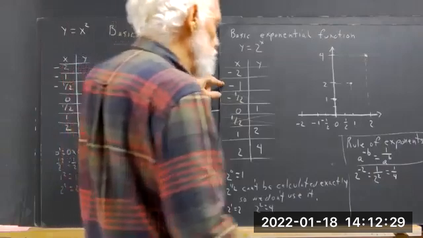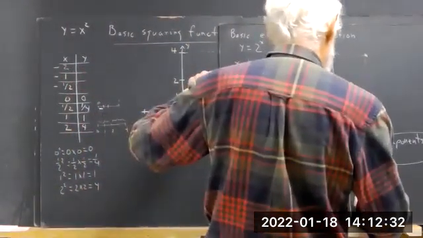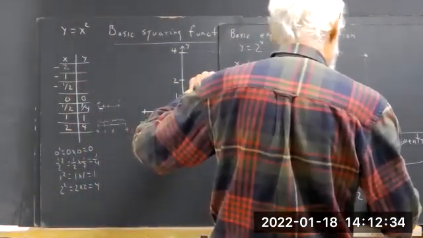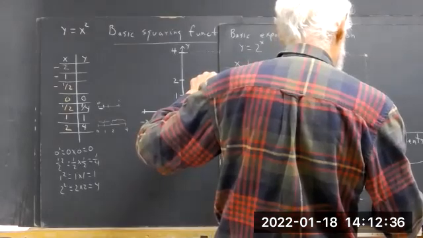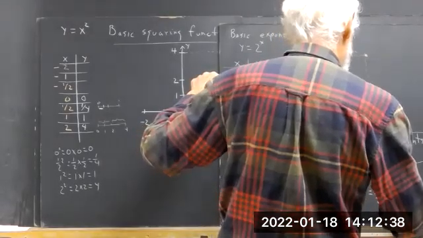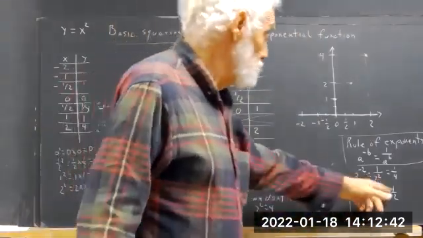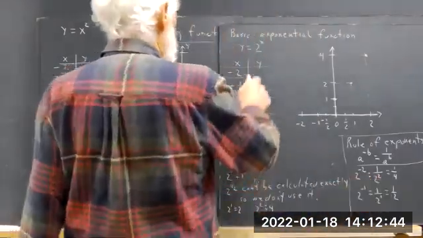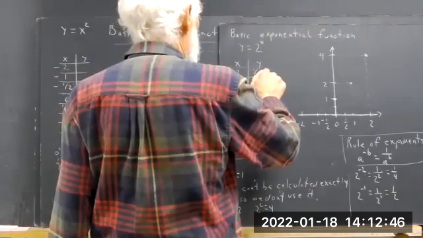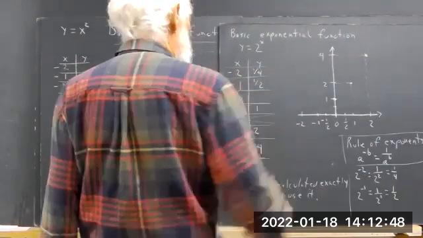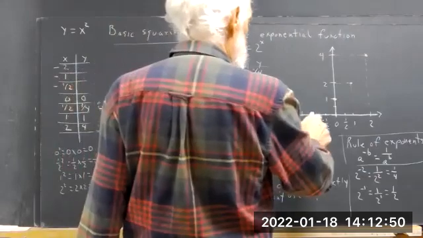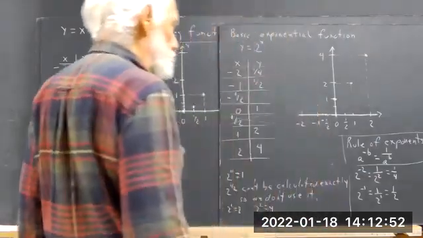And 2 to the negative 1 is just 1 over 2 to the 1, which is 1/2. So now we have a y value of 1/4 and a y value of 1/2 when x is negative 2 and when x is equal to negative 1.